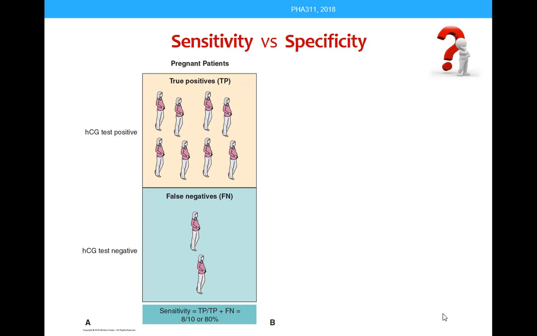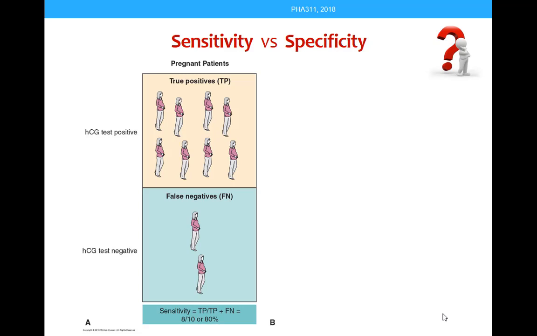So in this case, the answer is 80%. You divided 8 by the total number, which is 10. This test, beta HCG, is 80% sensitive. In 2 patients, it missed to detect, although they were pregnant.